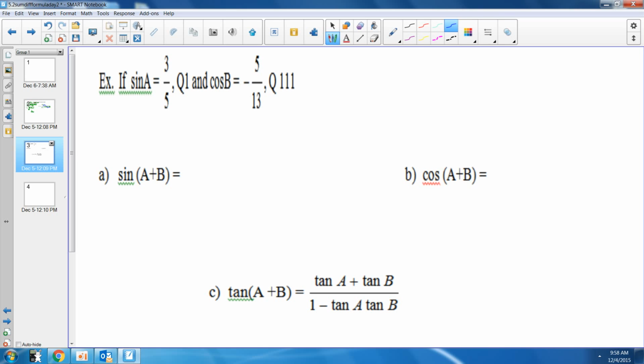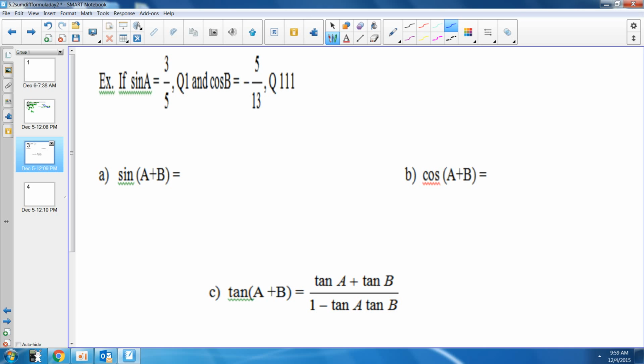So to do this, what you really need to know are the identities, and then substitute in values for the identities. So what I want to do is go ahead and expand those identities, and then figure out what my missing parts are.